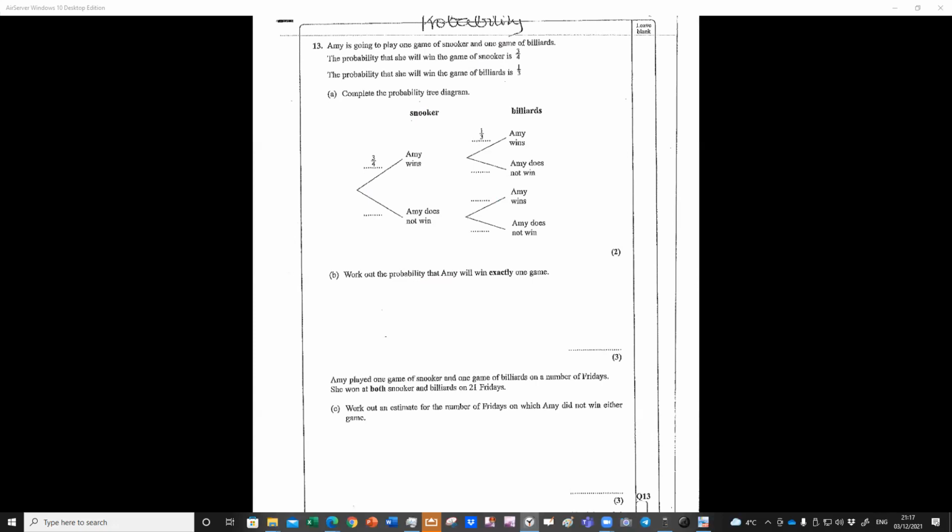Okay. Question number 13, an examination question for you guys to practice. First of all, is anybody feeling brave in the class to help the class start the question and explain what the word 'exactly' means to them?